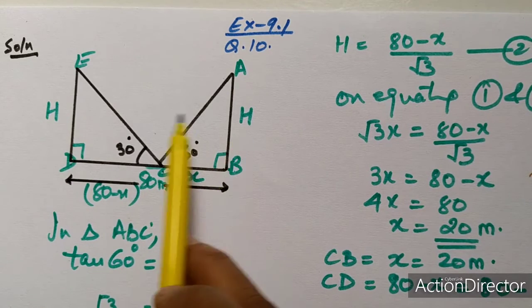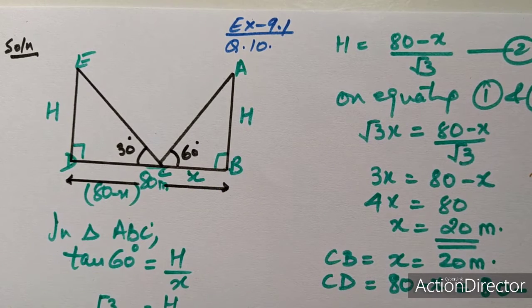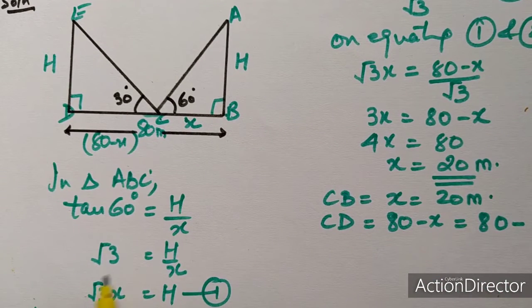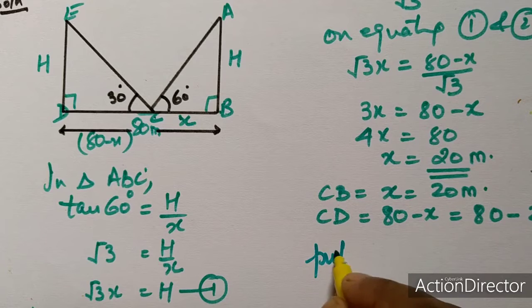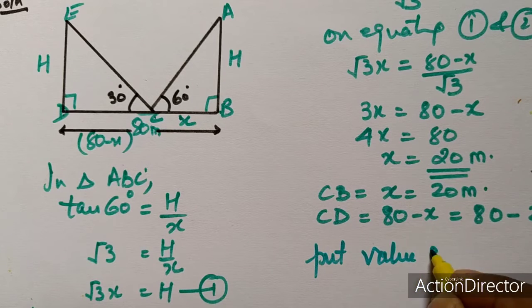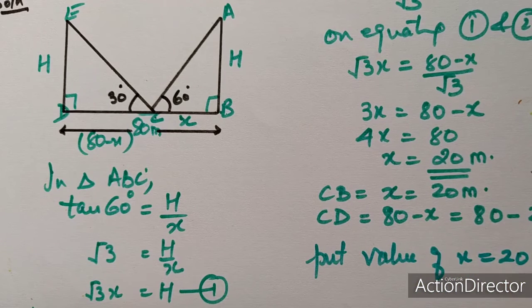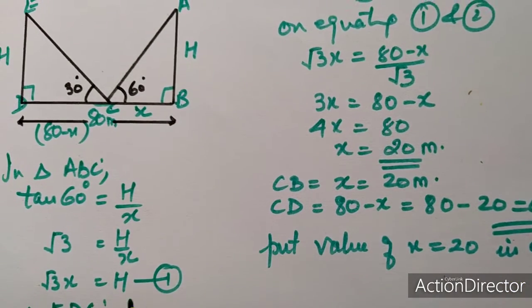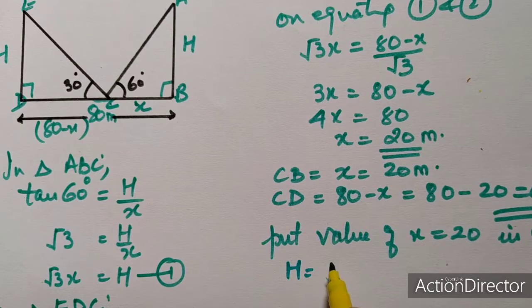After that, you have to find out the value of h. So put the value of x in equation number 1, because this is a very simple equation. So we have to write here, put value of x equal to 20 in equation number 1. So it will be root 3 into 20.